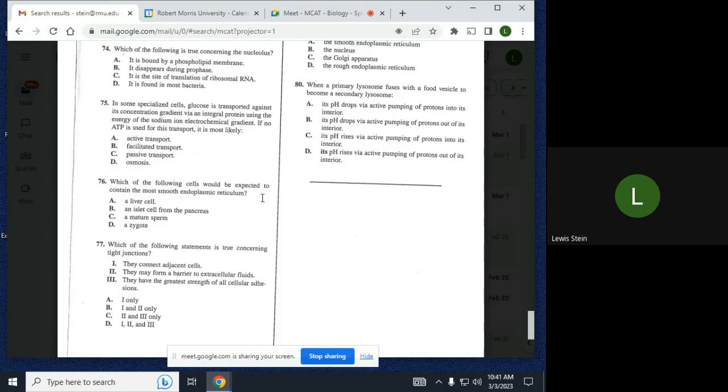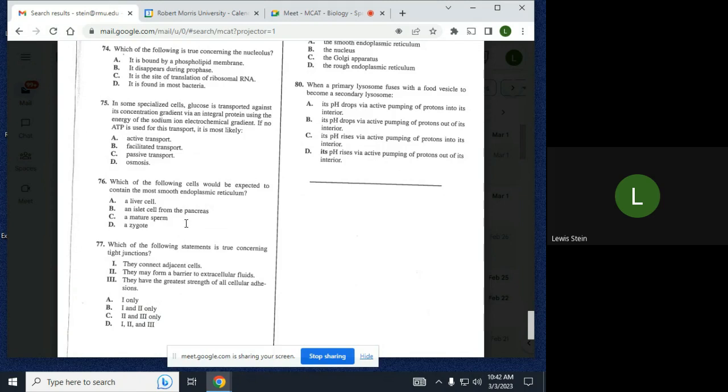Smooth endoplasmic reticulum is about several things. What it's about is not protein production. That's rough endoplasmic reticulum. So which one is expected to contain the most smooth endoplasmic reticulum? It has to be a cell. A zygote is certainly a cell, but I don't know that there's any distinction between that and smooth endoplasmic reticulum.